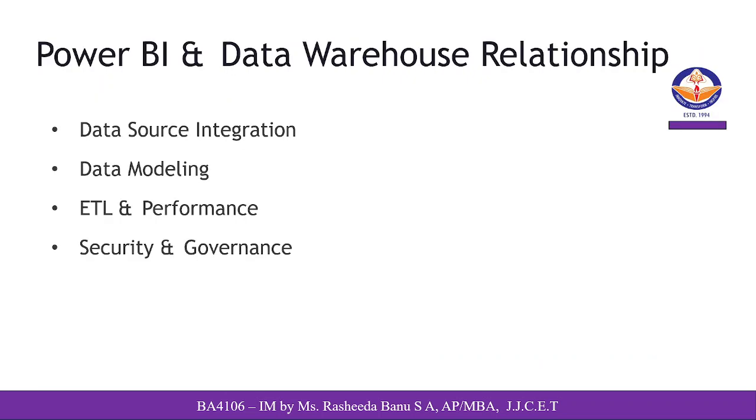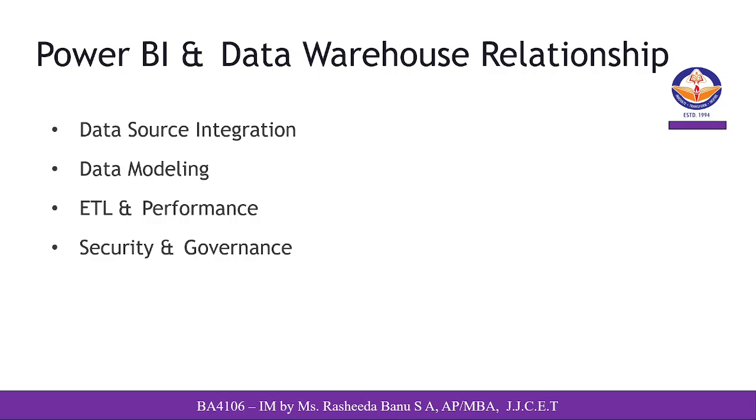Next, there are some aspects in the relationship between Power BI and data warehouse. First one is data source integration. Second one is data modeling. Third one is ETL and performance. Fourth one is security and governance. So first, data source integration. Power BI connects to the data warehouse where it can import data or query it live using DirectQuery or live connection.